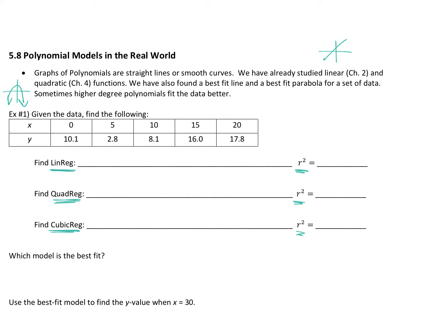And your R squared here is 0.999. You could technically round that up to 1, right? If we're actually rounding this, you could call that 1.000.